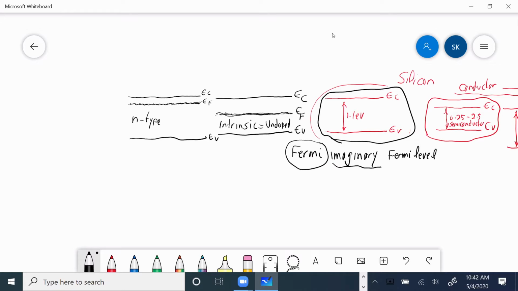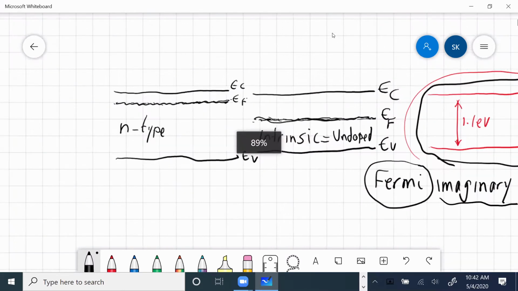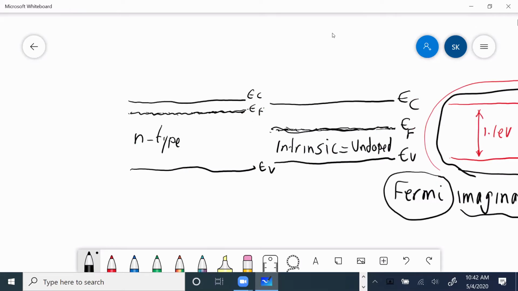How N-type? Okay, he said the closer the Fermi level is to the conduction band, the higher the number of electrons. So for example, if it's this close, it means it's even higher N. If this, for example, is 10 to the power 16 per cubic centimeter, this must be 10 to the power 18 per cubic centimeter.